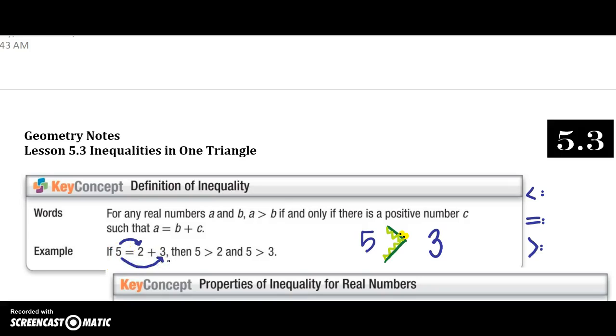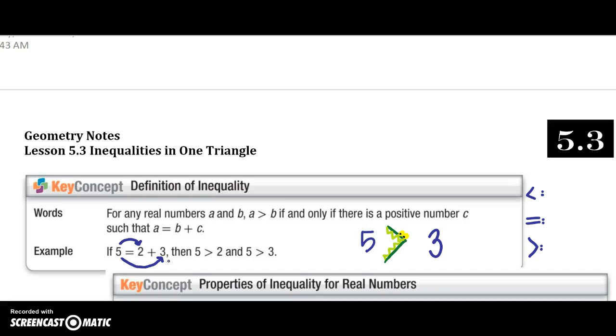Now, sometimes people can get their inequality symbols mixed up, so over here I've created a diagram of what goes through my mind when I see those inequality symbols. I know that 5 is greater than 3, and if an alligator had a choice to eat 5 or 3, his mouth would always open up to the 5, the greater than number.